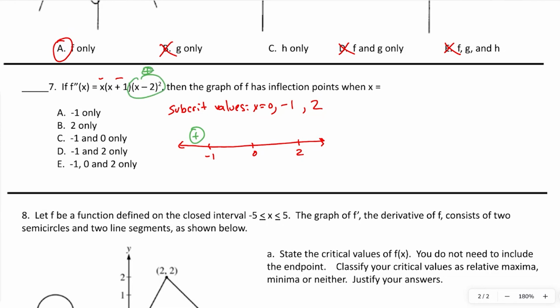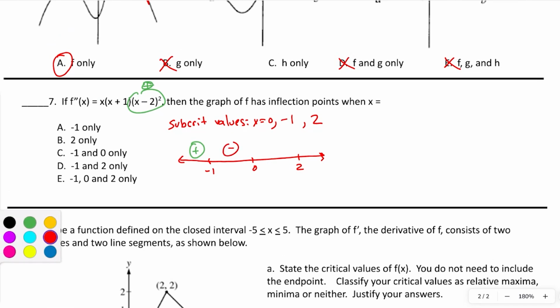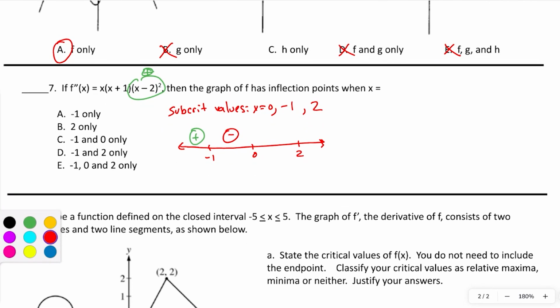If I plug in a number like -0.5, I'm going to have a negative times a positive, so that's going to be negative. If I plug in 1, that would be positive times a positive, which is positive. And if I plug in something like 10, I get another positive times a positive, which is positive.